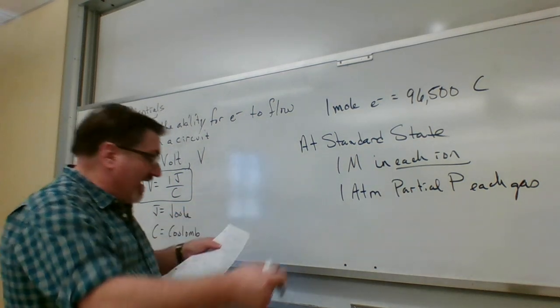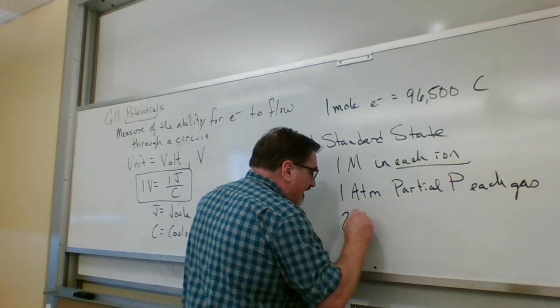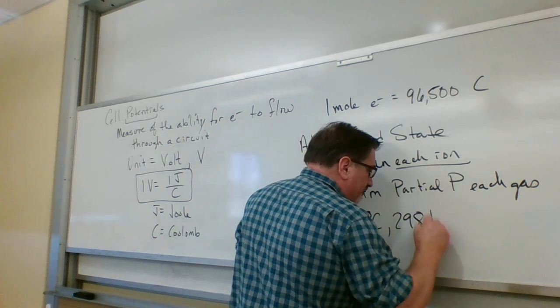Each individual gas has to have a 1 atmosphere partial pressure, and 25 degrees C or 298 K.